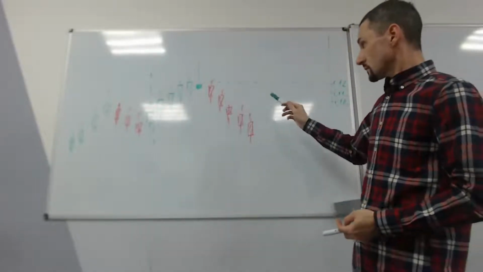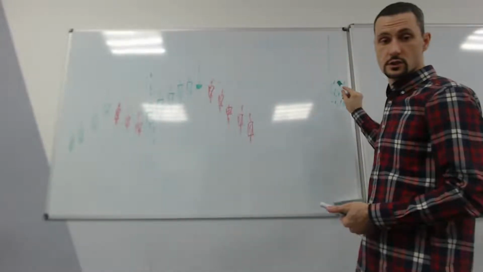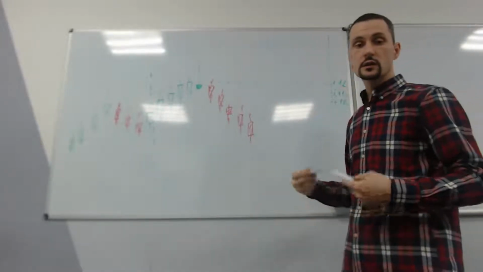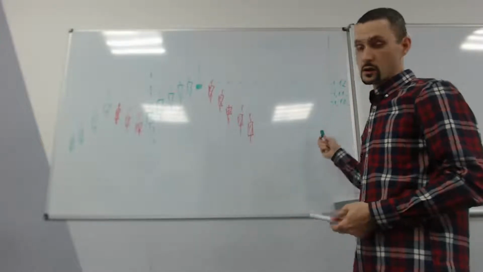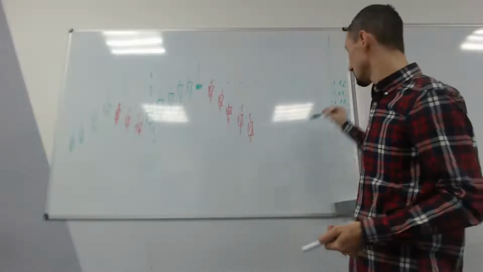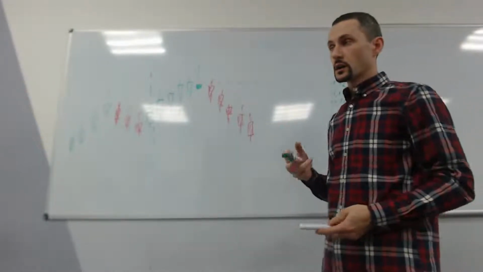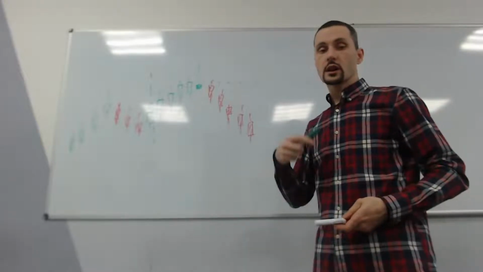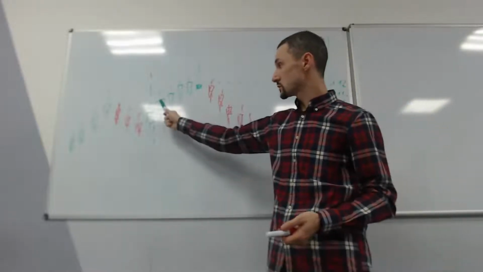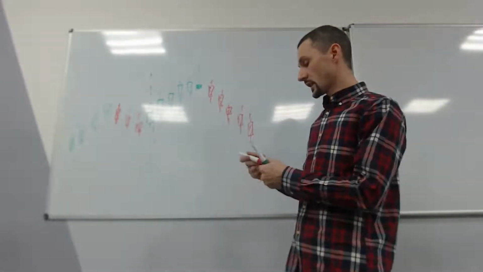So we have 10 digits, and they are calculated. We have the sum. 10 digits that are considered as the close price of each of these 10 candles.